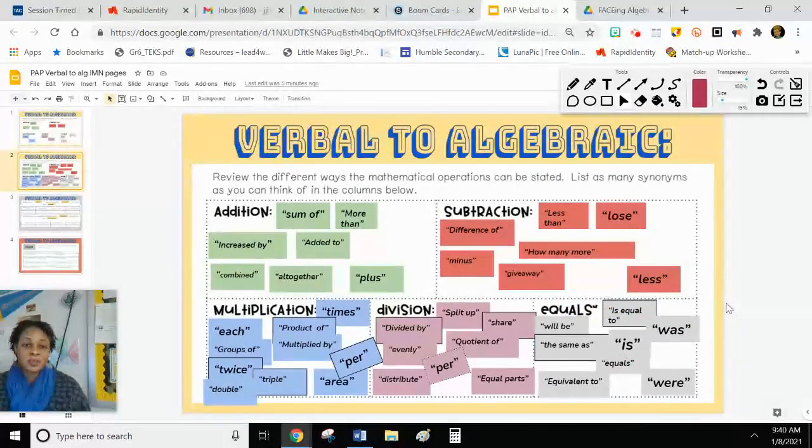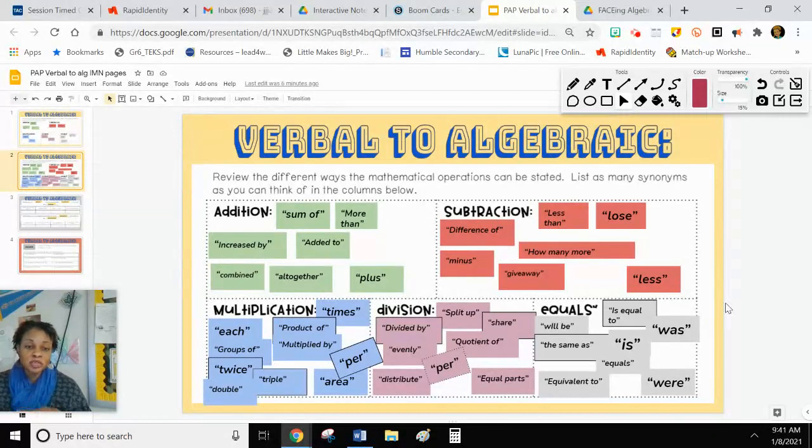So here on this page, you will have your extensive list of terms. For addition: sum of, more than, added to, altogether, plus, increased by, combined, total. Subtraction: difference, minus, giveaway. If somebody gives something away, that's a subtraction, right? How many more does Jade have than Tiffany have? That's a subtraction. Less, if they lost something, less than.